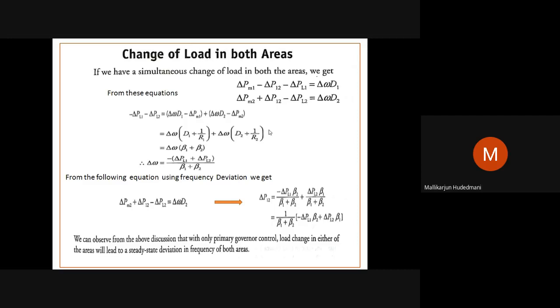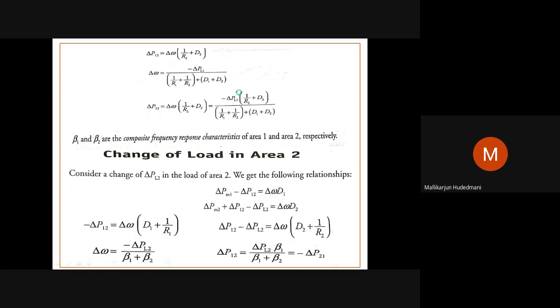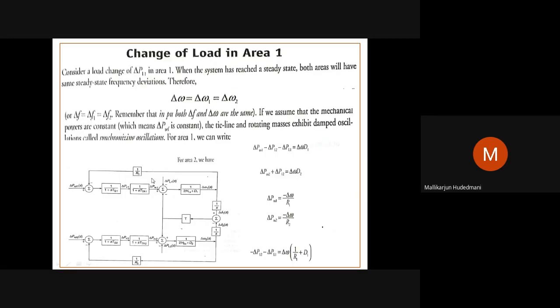Let's say there is a change in load in both the areas. With respect to energy balance equations, I can write from the block diagram, equation 1 at the summer block of the area control loop. What is this energy balance? delta PM1 minus delta PL1 minus delta P12 equal to delta omega into D1.